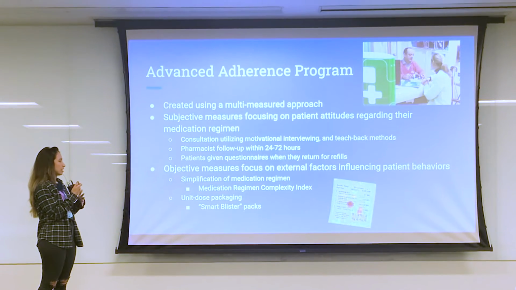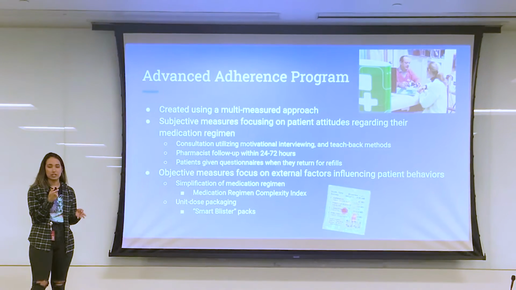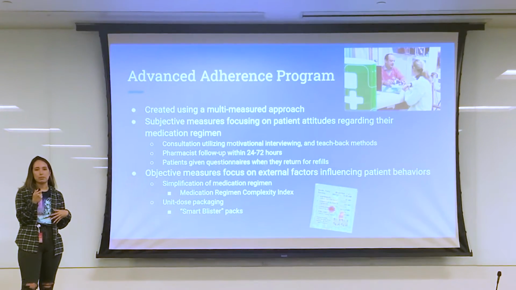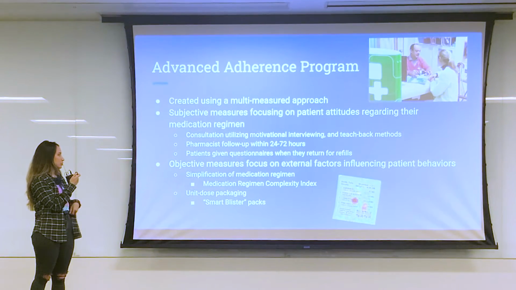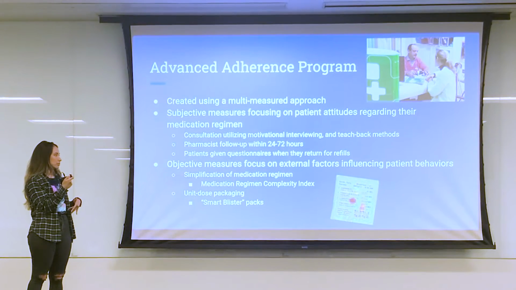at the pharmacy. And then when the patients return for refills, they're going to be given a questionnaire to fill out so that the pharmacist can gauge how they've been taking their medication. Next, we decided to approach this using objective measures that focus on external factors influencing a patient's behavior.